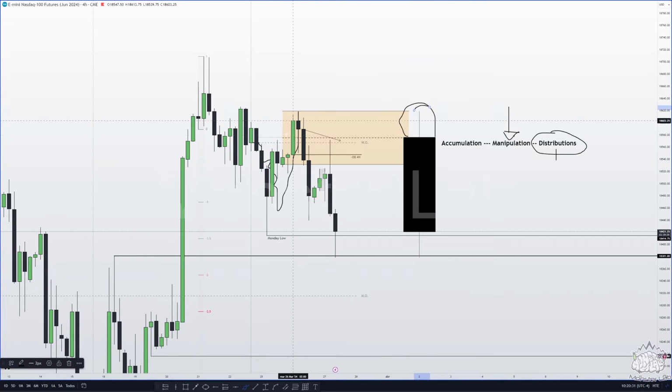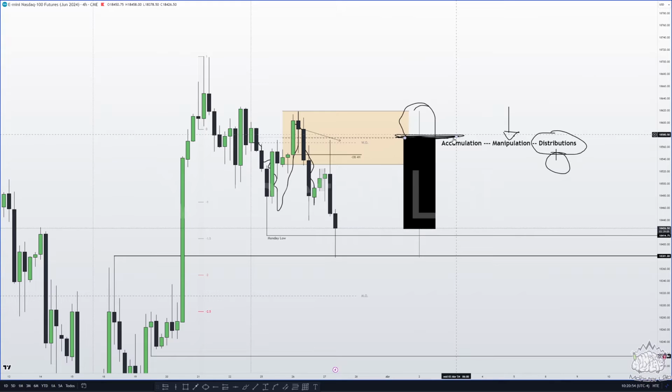So when price change from manipulation to distributions, price moving below the weekly open, the opening for this power of 3. This is the opening here. So in your mind, when price is below the time opening, you think in distributions. Okay, in distributions.